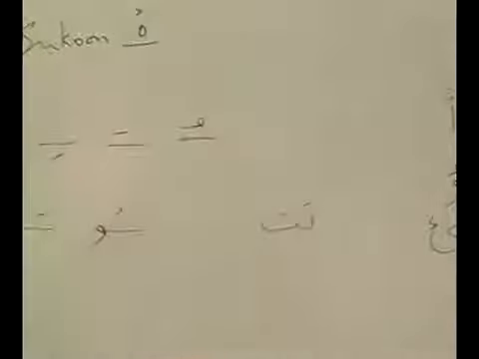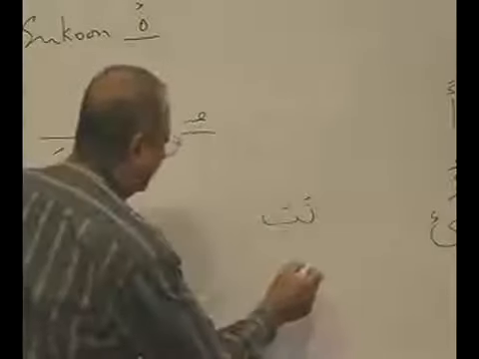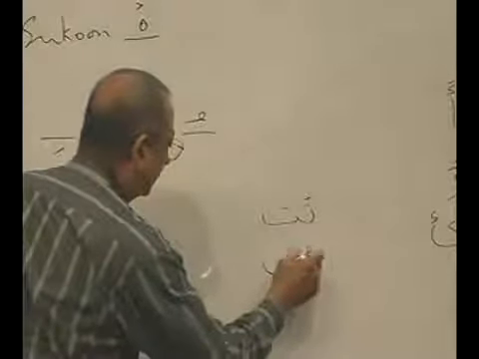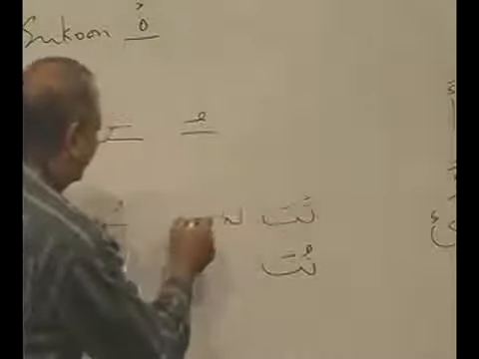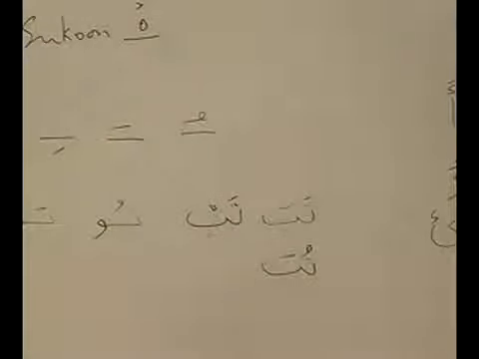What is this, brother? Taba. Okay. And what is this? Tuba. Are you with me? Now I write down like this. What is this? Tab. There is no vowel sign on ba.